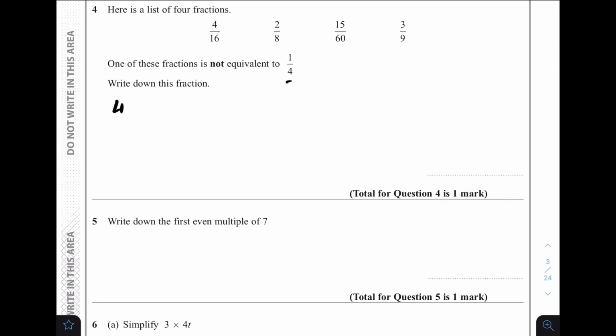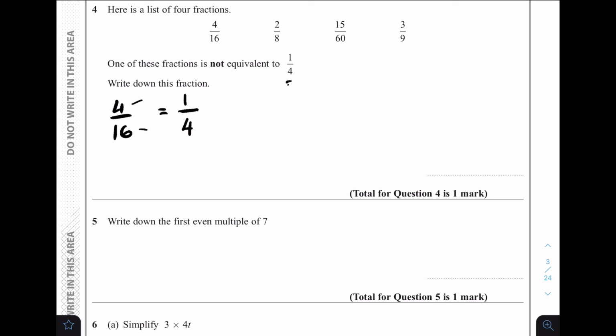So if we look at 4 over 16, we can look for a number that we can divide through from the top and bottom to see if we can simplify this fraction. We can divide top and bottom by 4. That will give us 1 over, and then 16 divided by 4 is 4. So this gives us the quarter, so it means 4 over 16 is not the fraction we're looking for here.